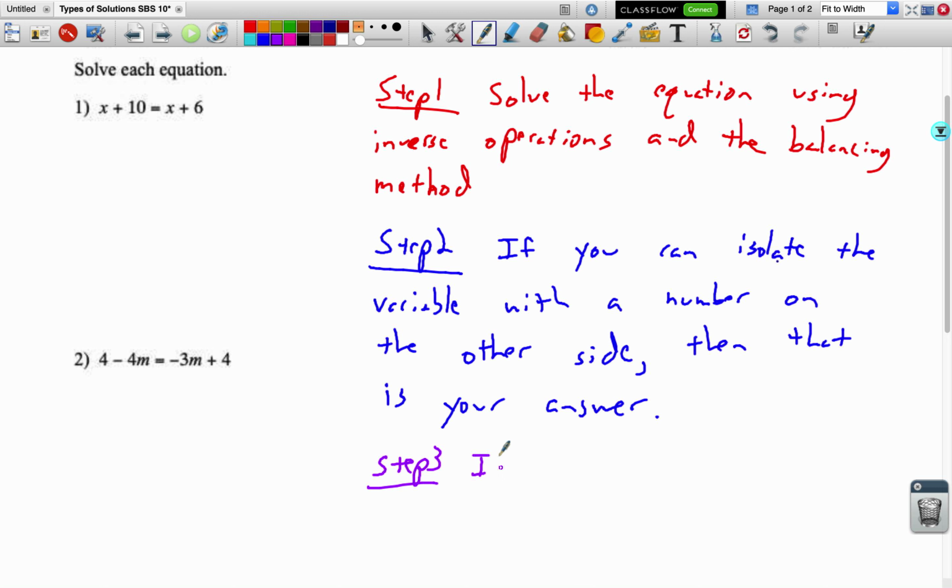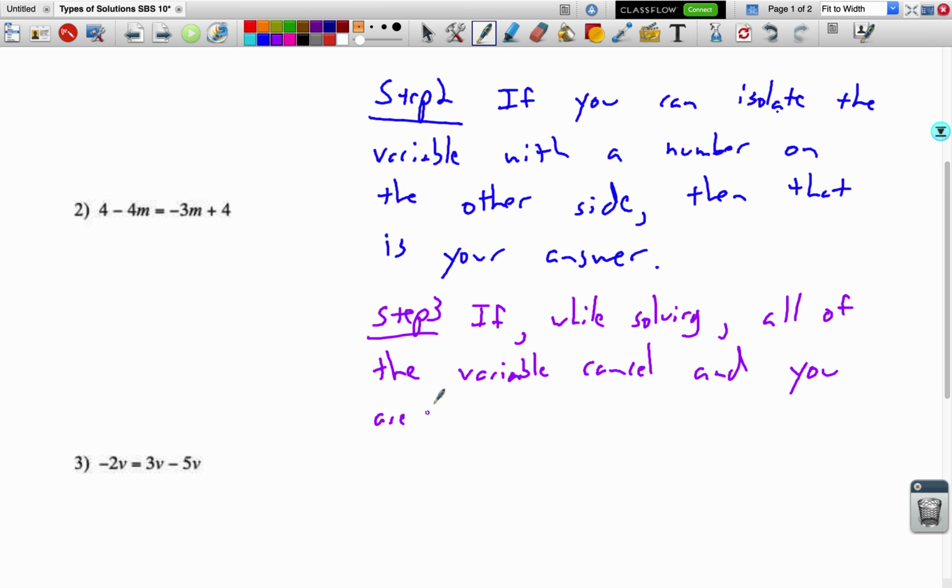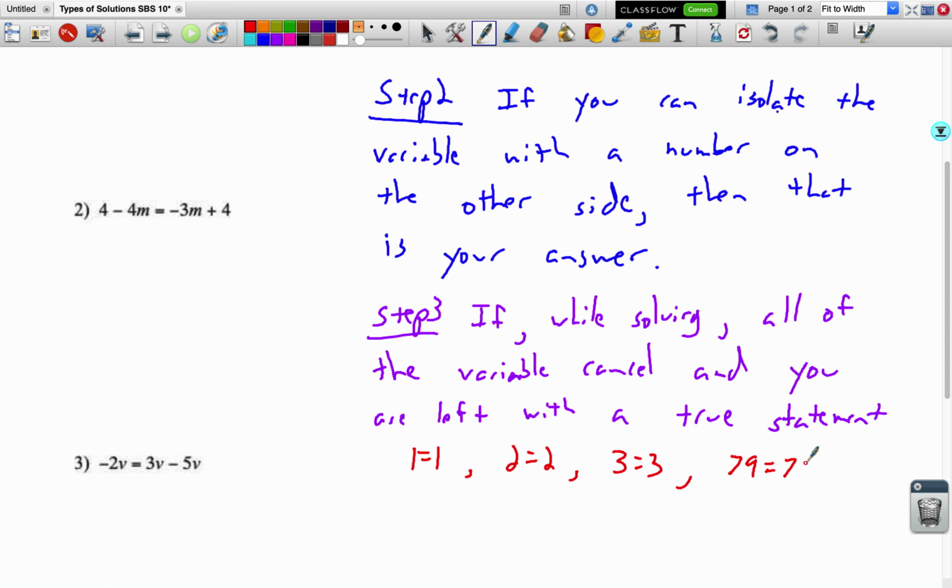But in step three, if while solving all of the variables cancel and you are left with a true statement, and let's write down some examples of true statements like 1 equals 1, 2 equals 2, 3 equals 3, 79 equals 79, anything like this.